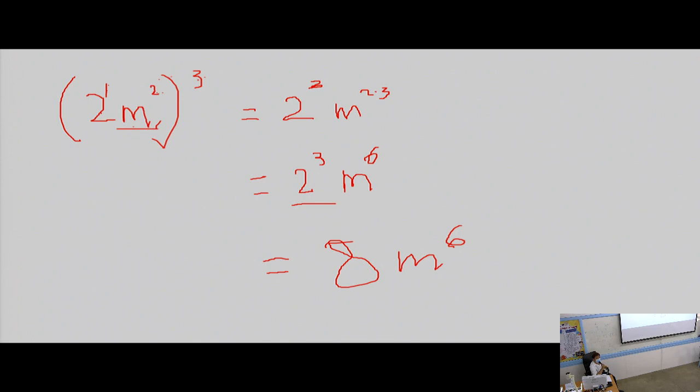Okay? Do you understand? Let's have another example. So if we have here 3a to the power of 3 to the power of 4, what do you think is the answer? 3 to the power of 4.